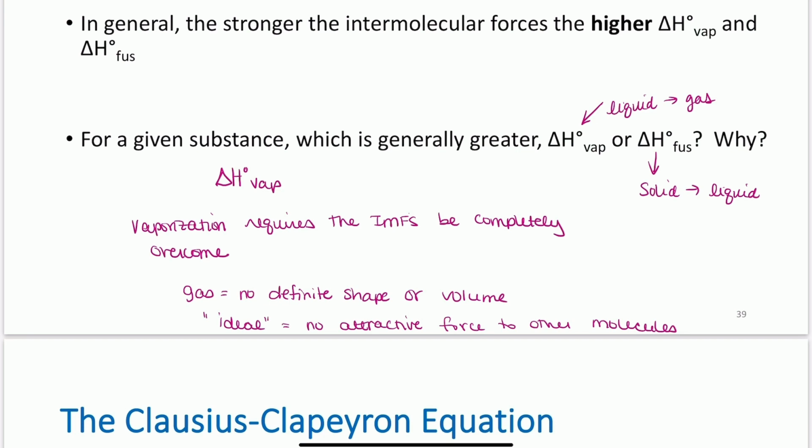So it's going to take more energy. Delta H vaporization is usually going to be higher because we're completely breaking apart all IMFs at that point.